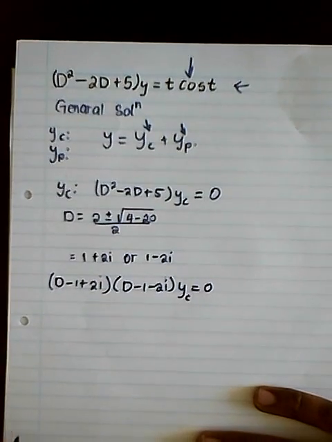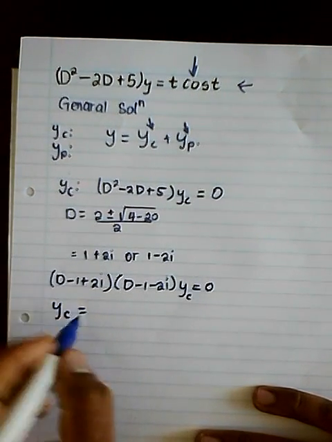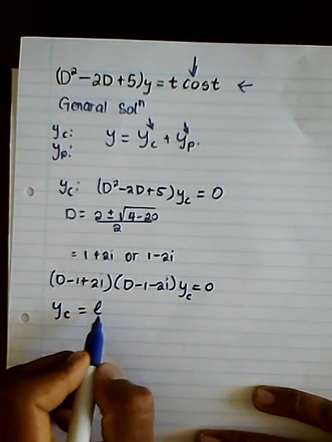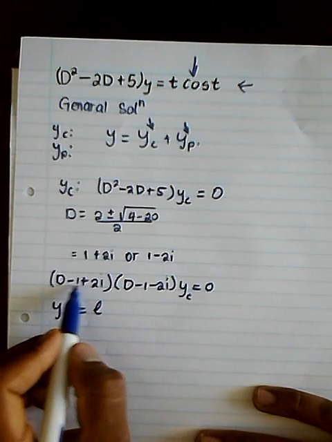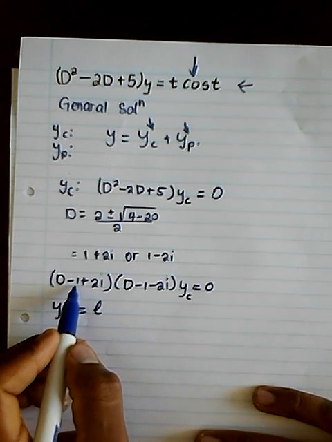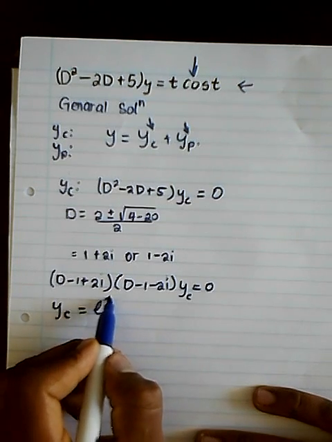Now our complementary solution yc is given by e to the power of the real part of the solution, and that real part is minus 1, so when it gets here, it becomes positive 1.